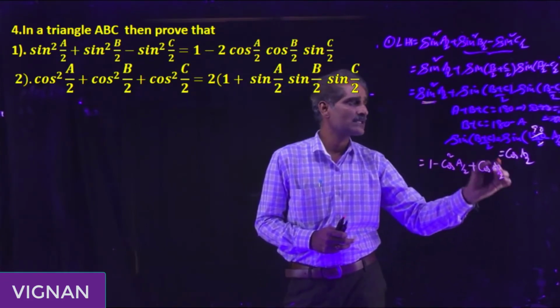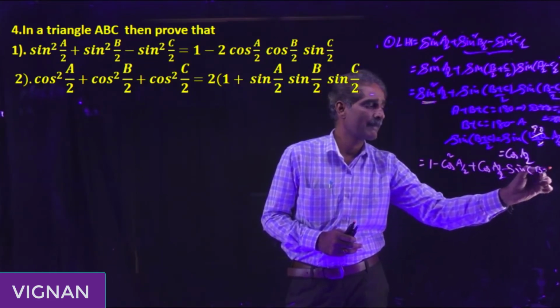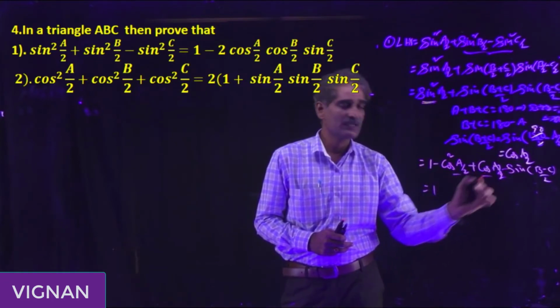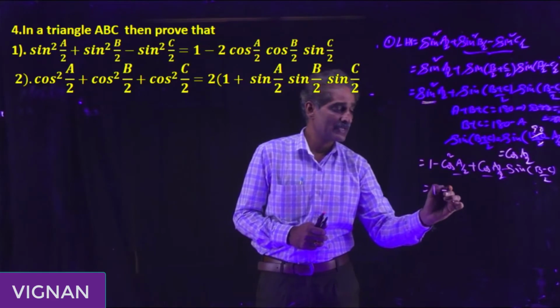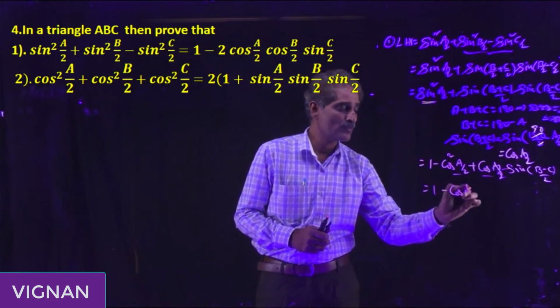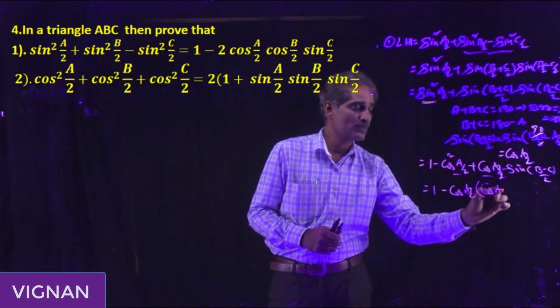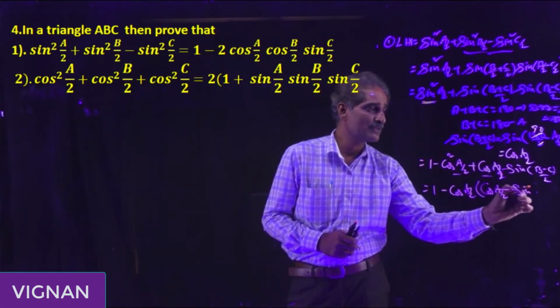Okay, next one is sin (B minus C) by 2. Now take cos A by 2 common from these two, minus cos A by 2 common, then we get cos A by 2 minus sin of (B minus C) by 2.